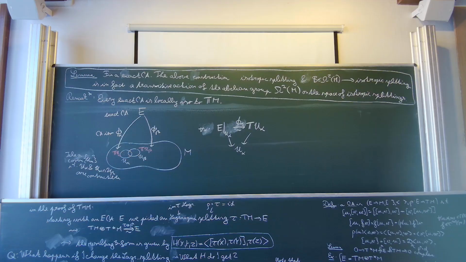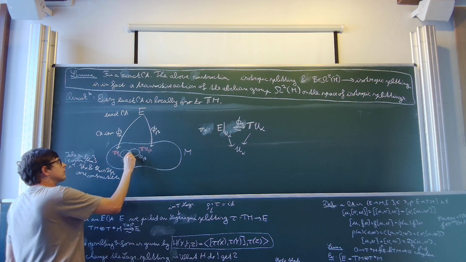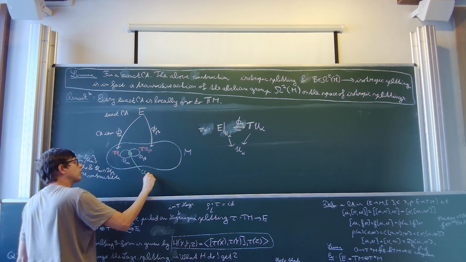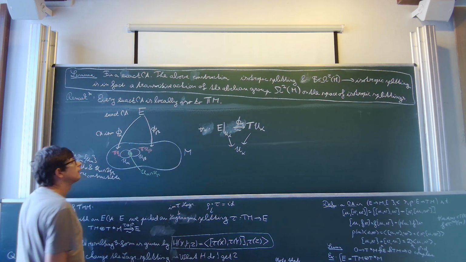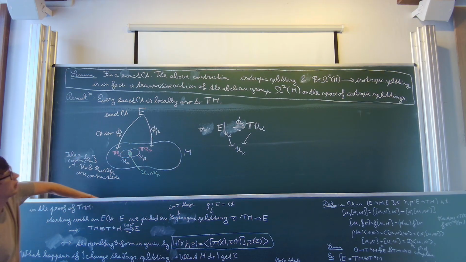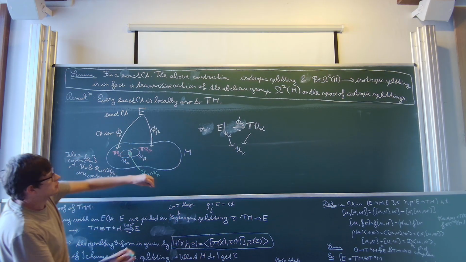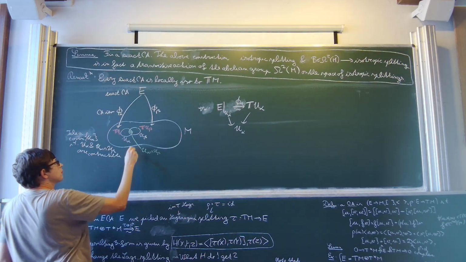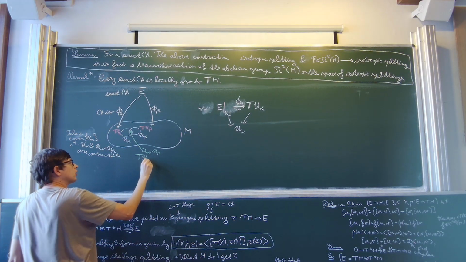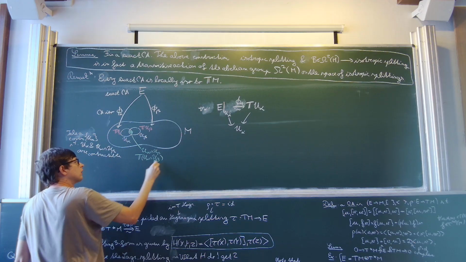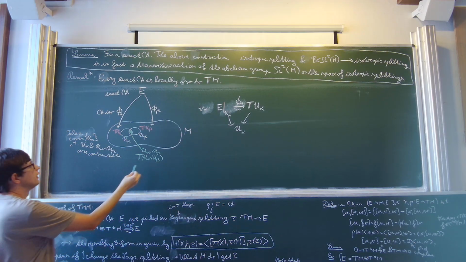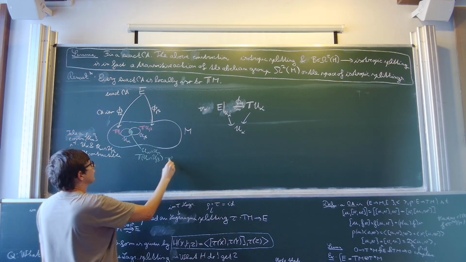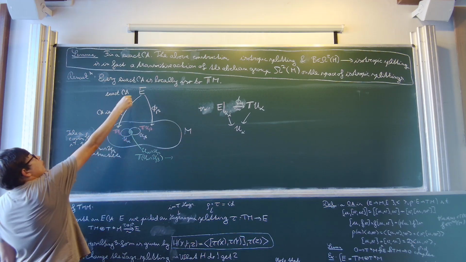Good. So now what am I going to do with this? Well, now I look at the intersections. I look at this guy here, so this is U alpha intersection with beta. And I notice that on this intersection I can go around. Here I again have some standard Courant algebroid, and from this Courant algebroid I can go along that map.